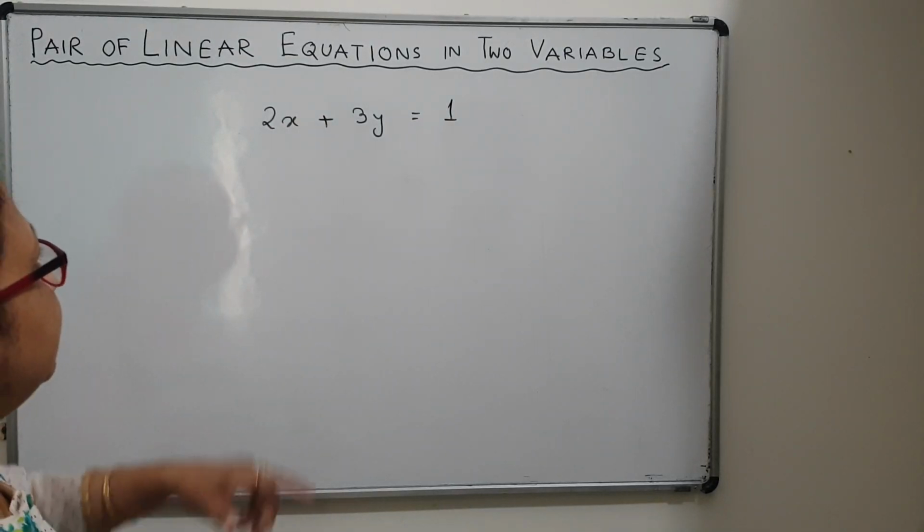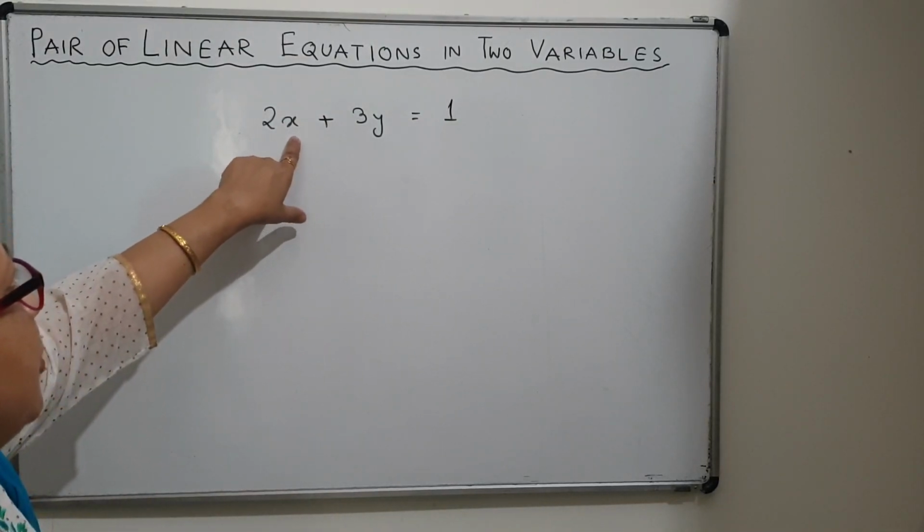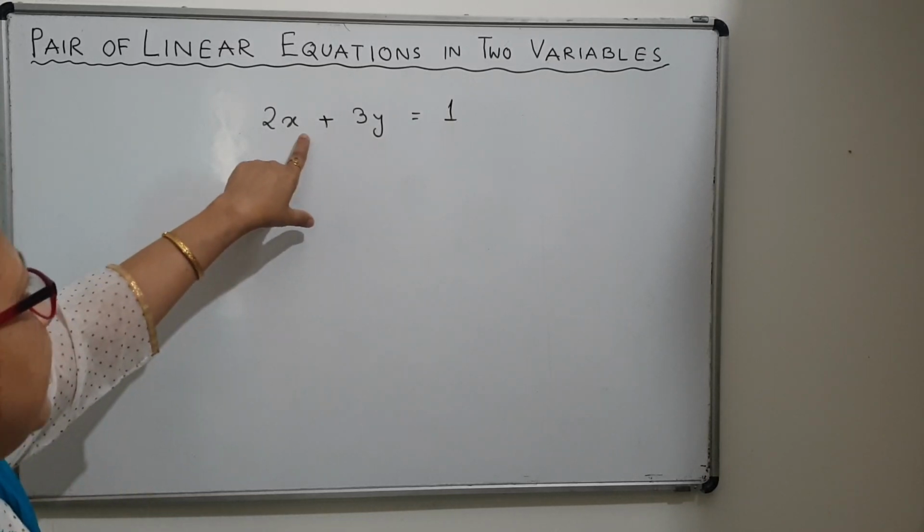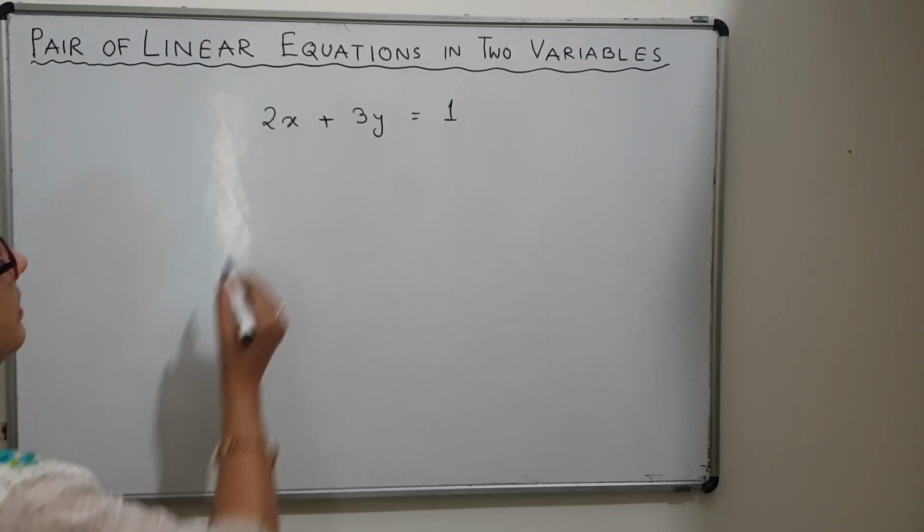So you see, here there are two unknown variables x and y, and their power is 1.